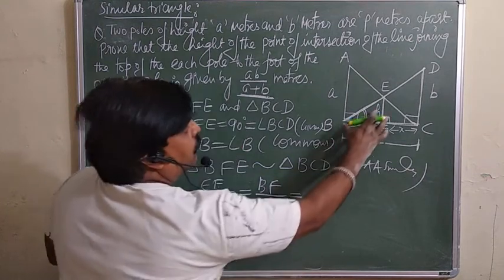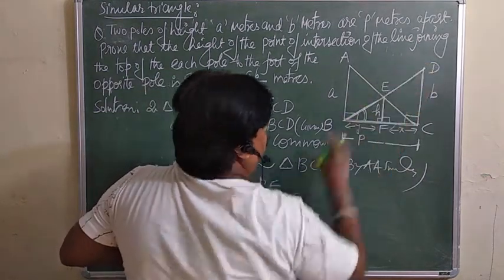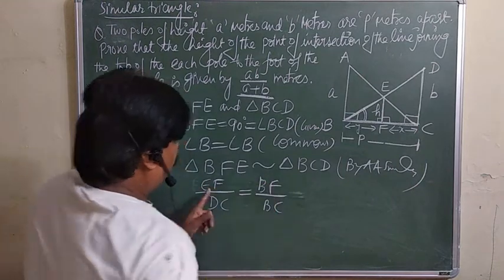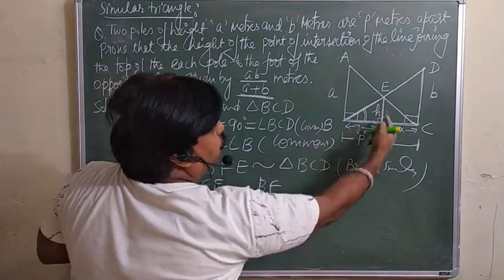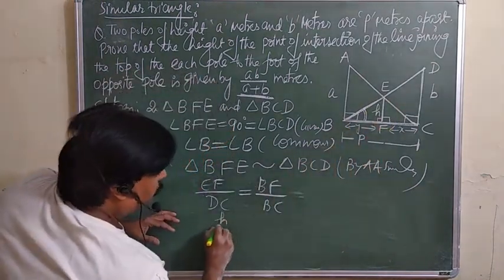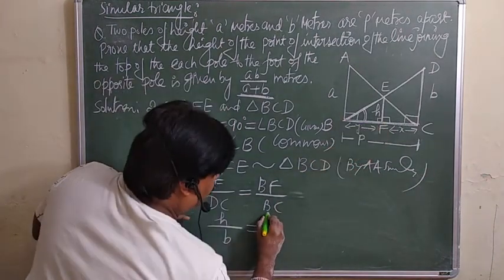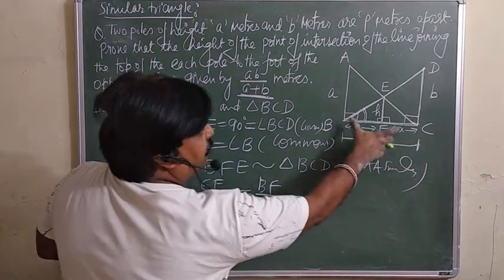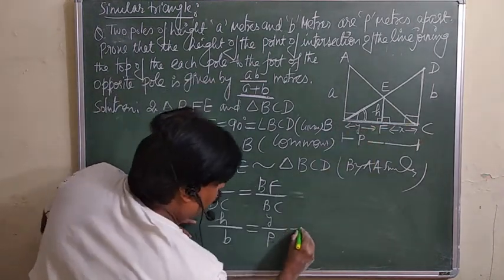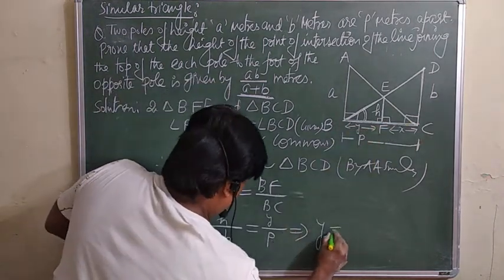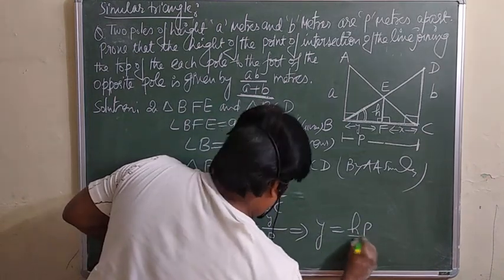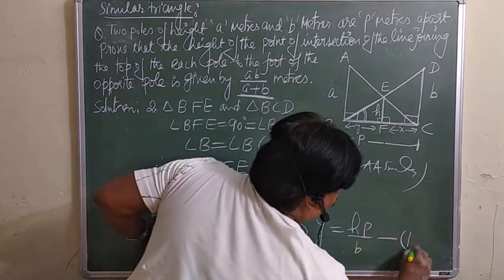If you want, you can take BE over BD, but we don't require this one, we require this one. So now EF is H, DC is B, and this BC is P, with Y already assumed. So from here you get Y is equal to H into P over B. This is your equation 1.